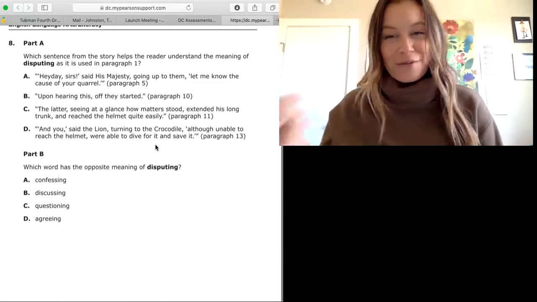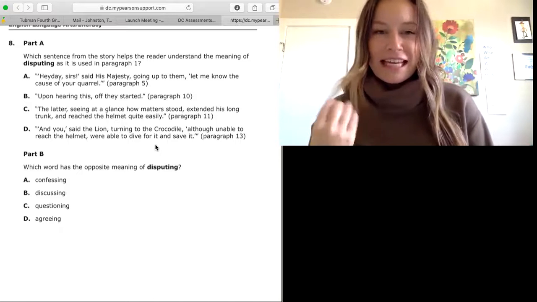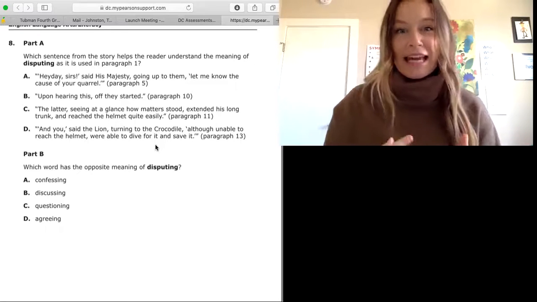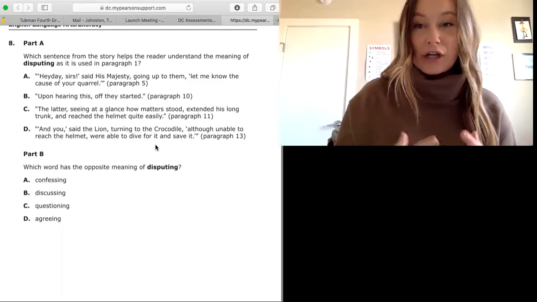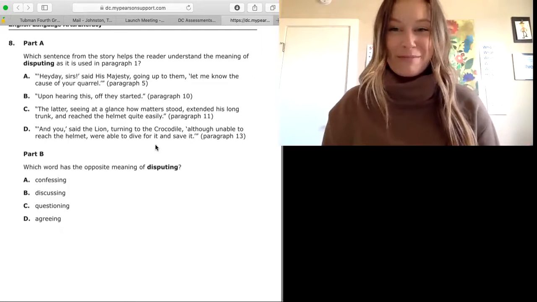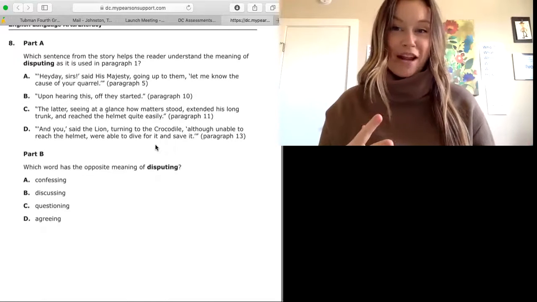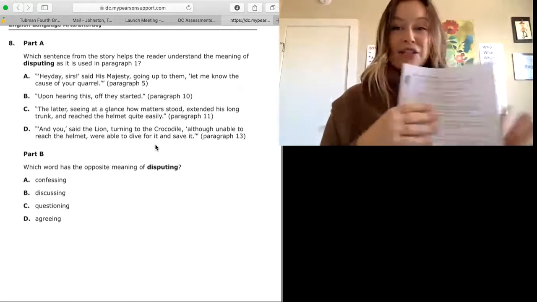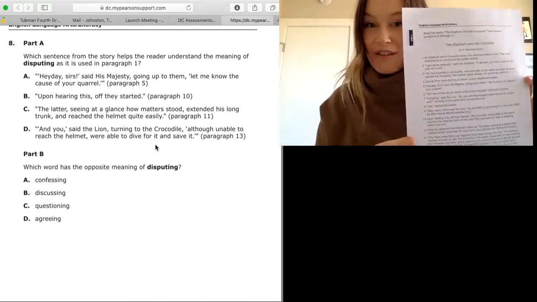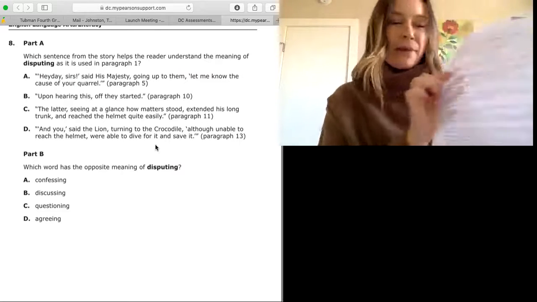So, as a reader, what are we thinking as we hear this question? We're being asked to understand the meaning of the word disputing as it's used in paragraph 1. So as a reader, we should be going back to our text to which paragraph? We should be going back to paragraph 1.